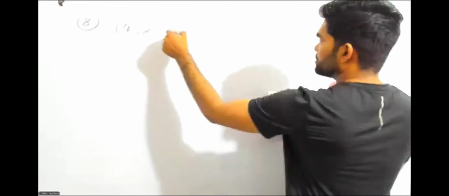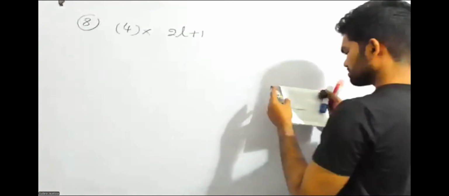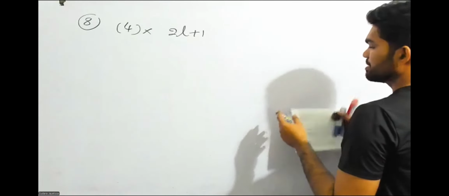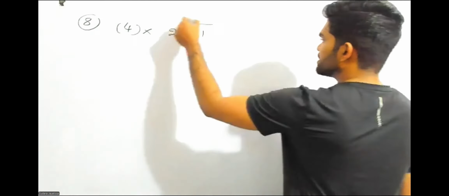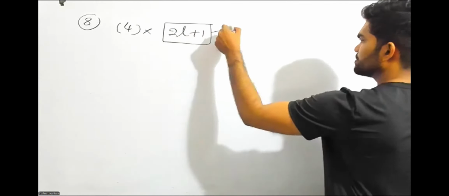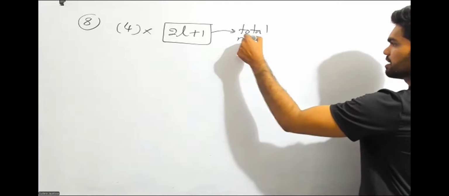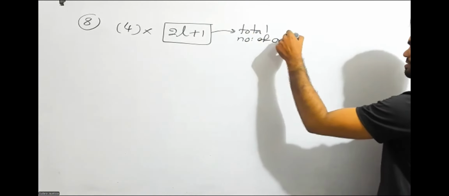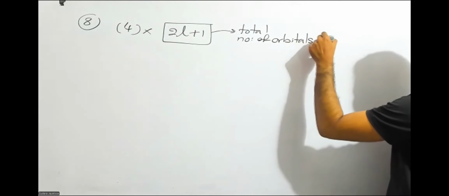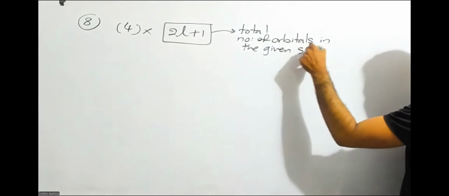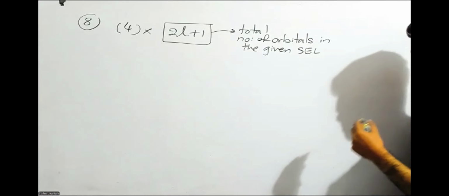It is telling that 2L plus 1 gives the number of sub-energy levels in a principal energy level. Now, 2L plus 1 actually gives you the total number of orbitals in the given sub-energy level.